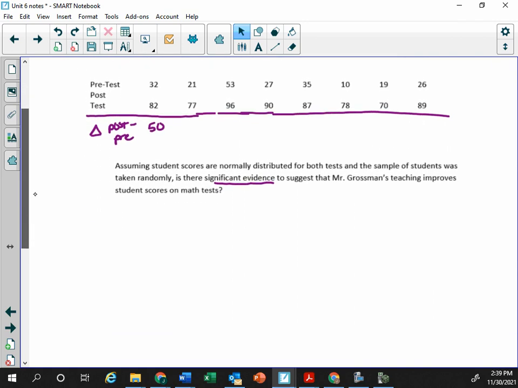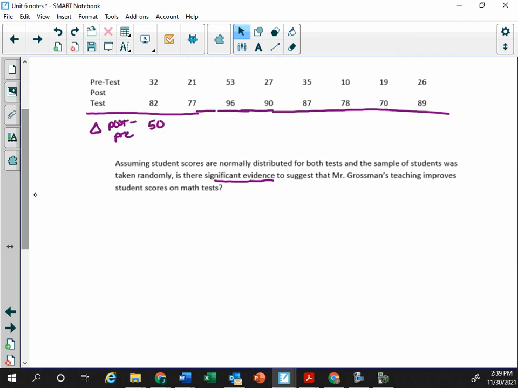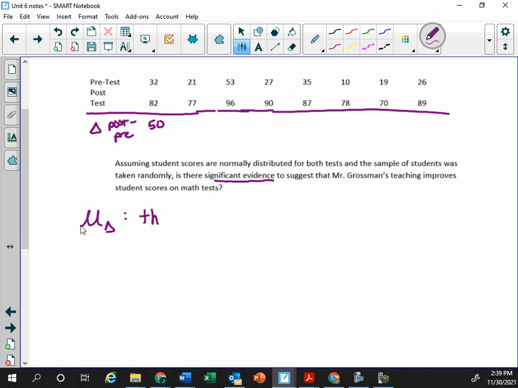Okay, so we're going to define our mu, but this time it's just mu of delta. It's just the mean of the difference in the pre and the post test that I care about here. So mu sub delta, it's the average change in test scores, or the true mean change in test scores. That would be fine.